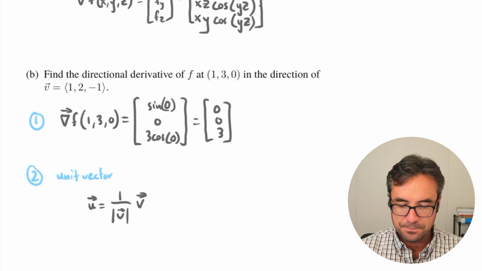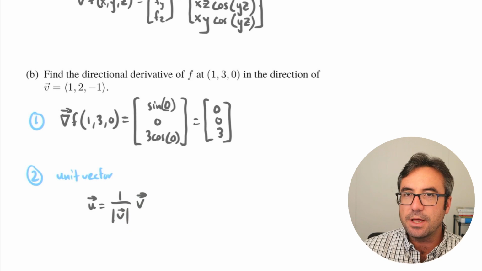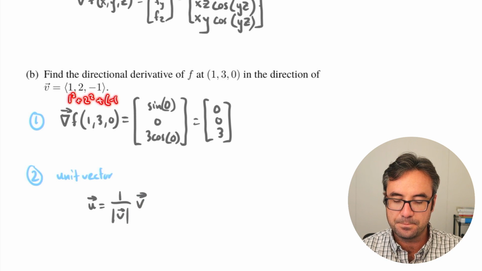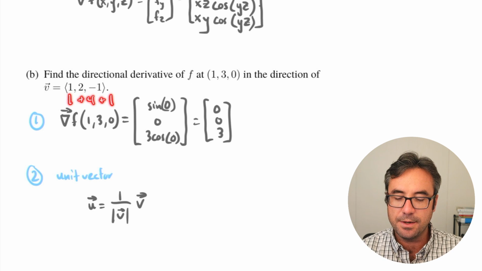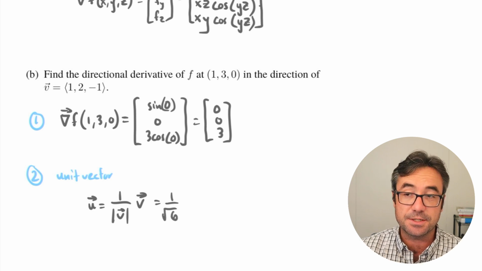If we go up to vector v, we're going to calculate the length of this thing. We square each component, and what we end up with is 1 plus 4 plus 1, and all of that goes under the square root. So the length of vector v is square root 6.